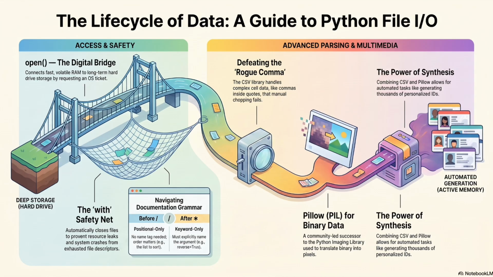Your active program lives in the computer's fast, volatile memory, the RAM, but your files, your actual documents and photos, live in long-term physical storage on the hard drive. They're completely separate, and the open function is the bridge between them. It is the program formally asking the operating system for a ticket to access that specific piece of data.